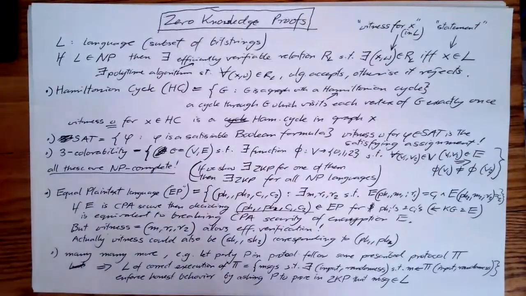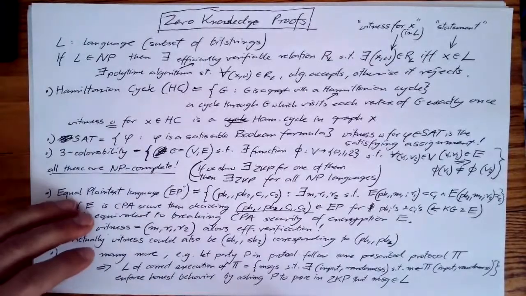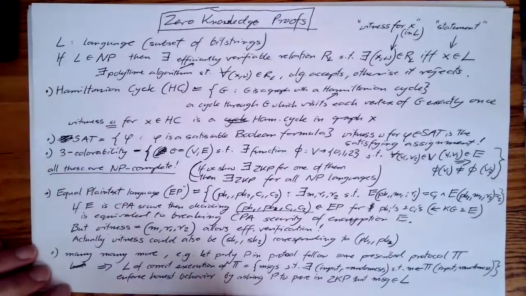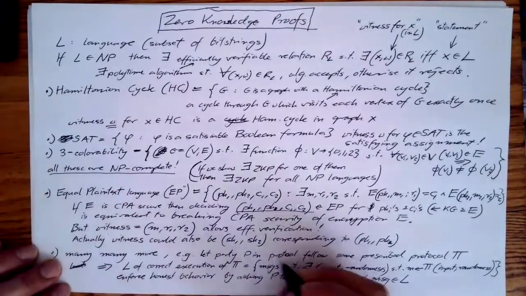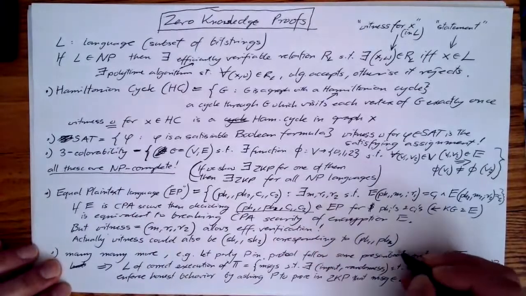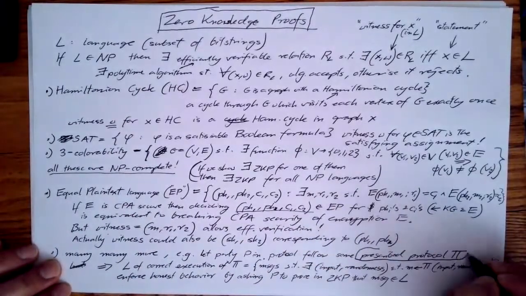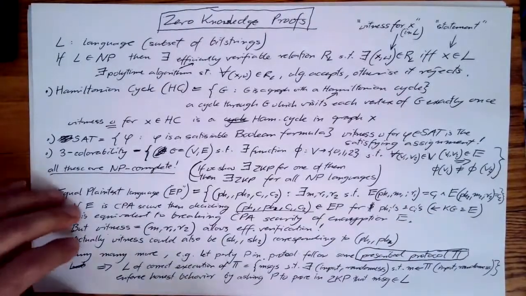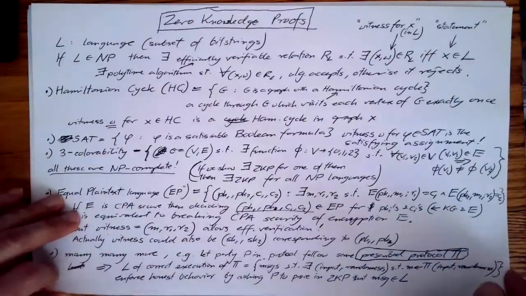So in general, zero knowledge is a tool that can enforce honest behavior from any protocol. That's why it's going to be an incredibly, essentially crucial tool, because it works for any protocol pi.